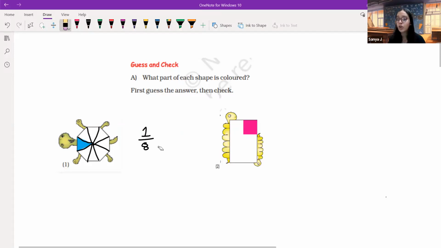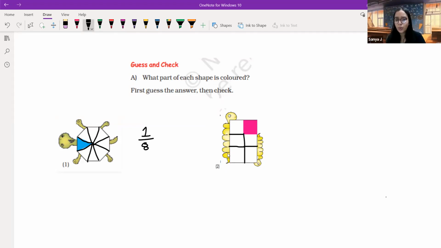Similarly, using the same logic, we'll complete the second question also. If we try to make lines over here, we have one square and we have to make an equal number of squares like this. One more square, we make a division line. Over here, we have one more square and one more square over here.